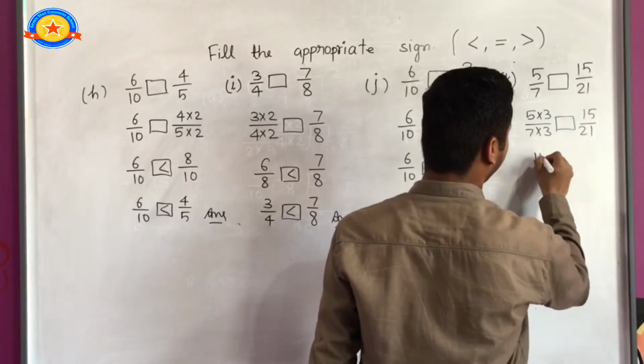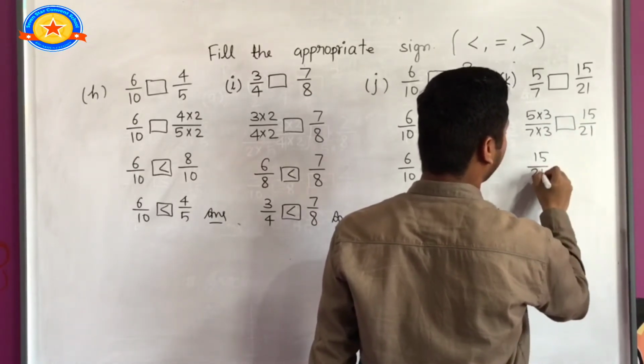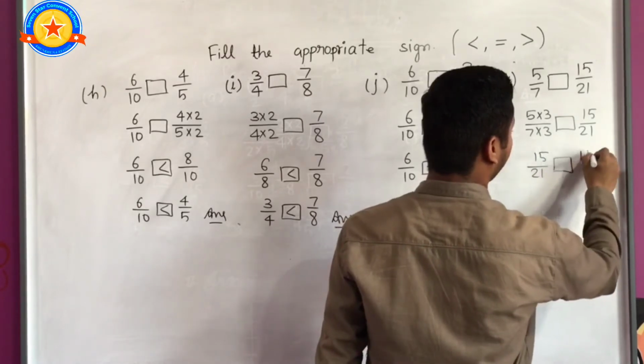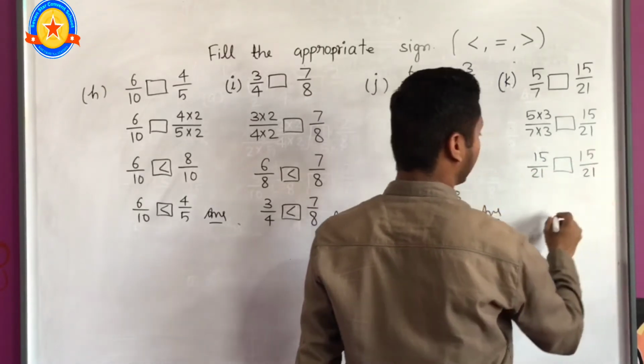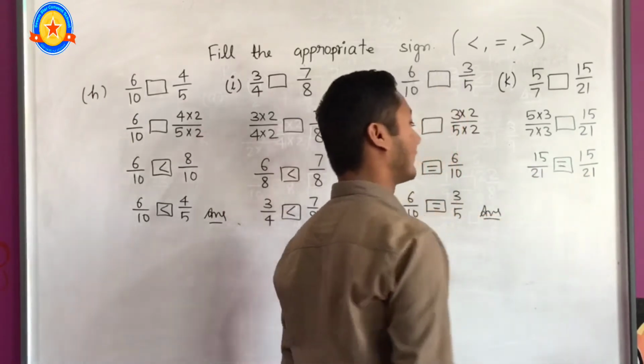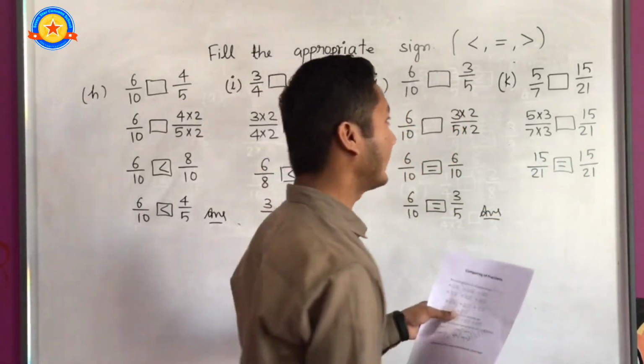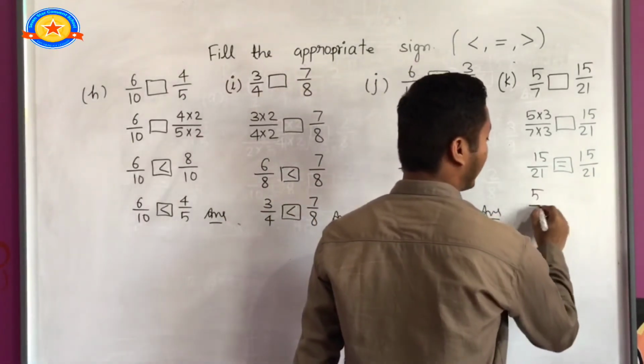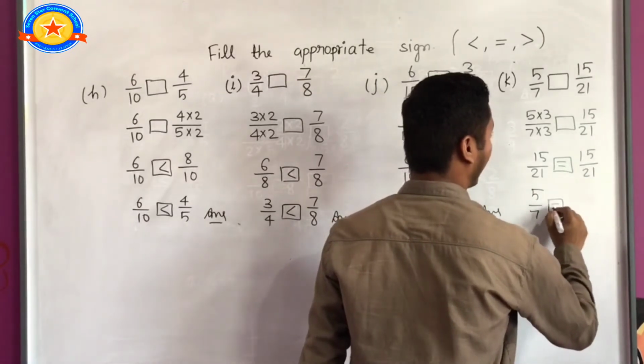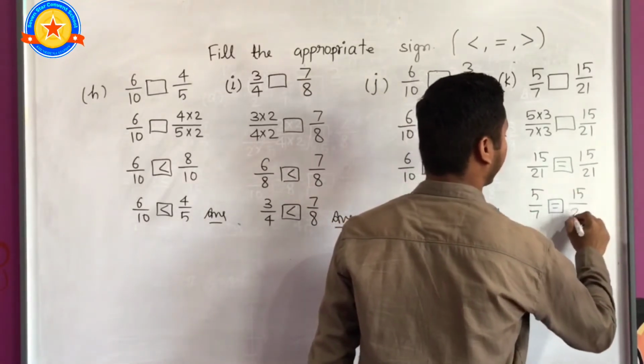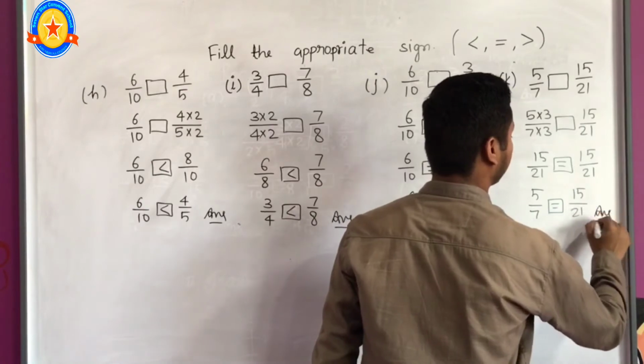Here 5 threes are 15 upon 7 threes are 21, 15 by 21. Now we can say 15 by 21 is equal to 15 by 21. Write in our original form 5 by 7 equals to 15 by 21. Answer.